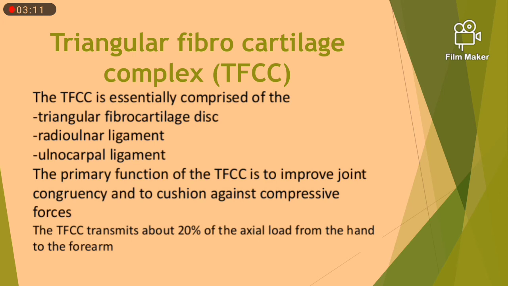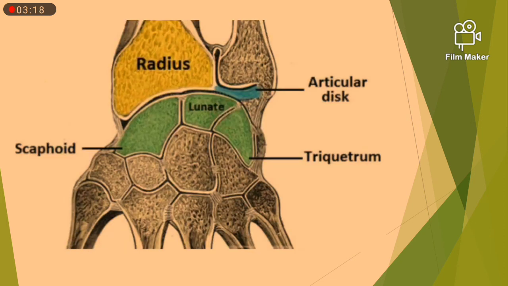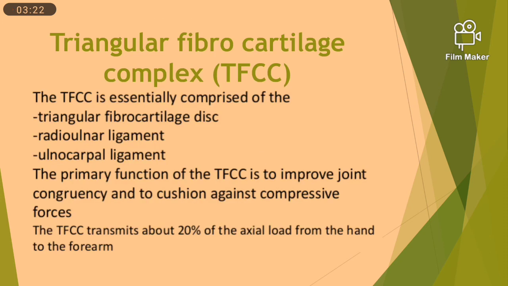The TFCC is essentially composed of the triangular fibrocartilaginous disc, this part here, along with the radioulnar ligament and the ulnocarpal ligament.